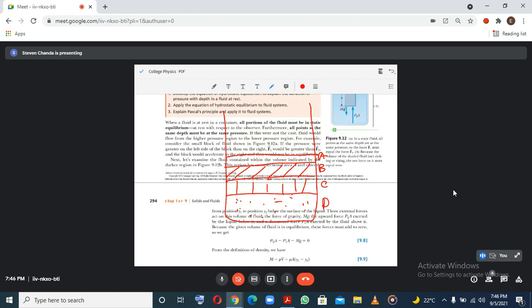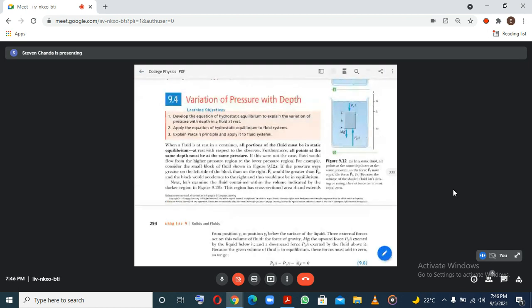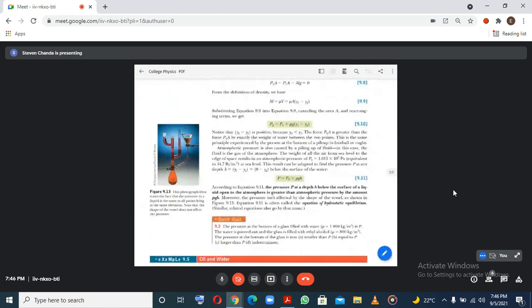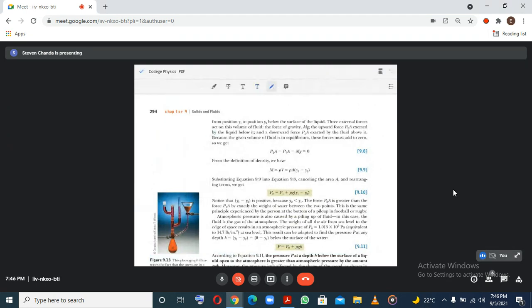I'm sure you may remember doing a particular experiment where you'd have something like this, and they used to make about three openings, with water here.